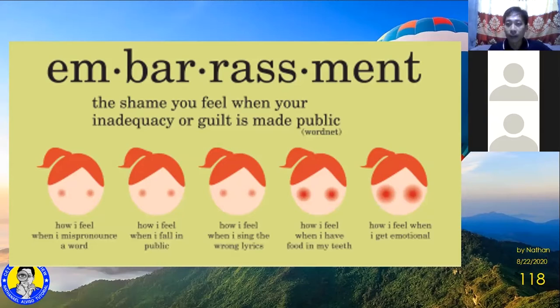Embarrassment, double R, double S. Accommodation, double C, double M. That's what I did when I was studying before. For now, no need, I just use the spell check of Word. Okay. The shame you feel when your inadequacy or guilt is made public. Again, embarrassment.